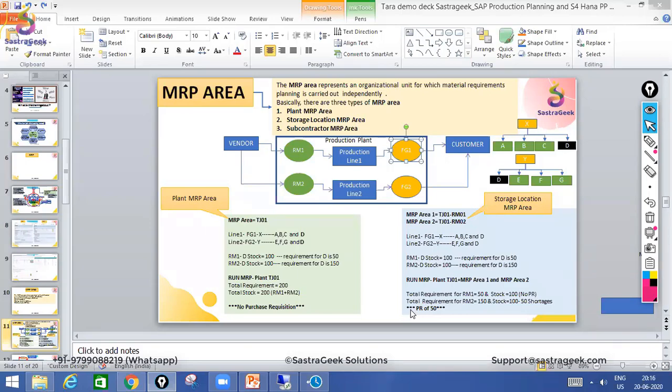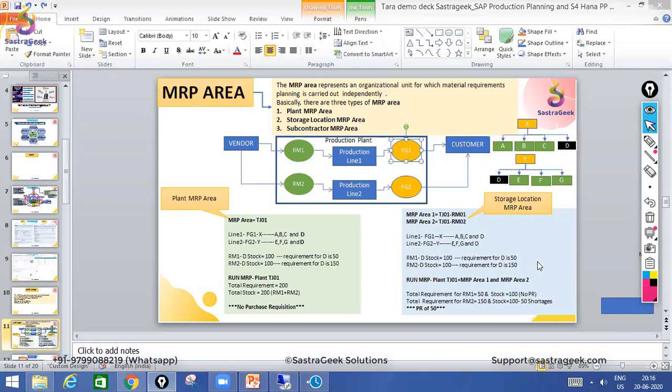The requirement for the material at line 1, or let's say for RM1, is 50, and my requirement for raw material storage location RM2 is 150. In that case, the system will do the net requirement calculation not at plant level, because I have already created my storage location MRP area and extended that material to that MRP area.